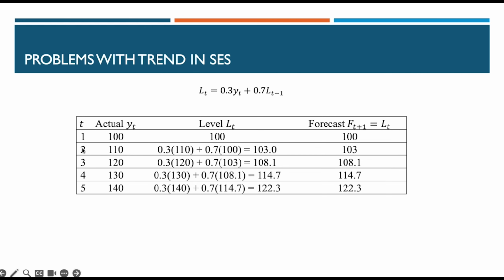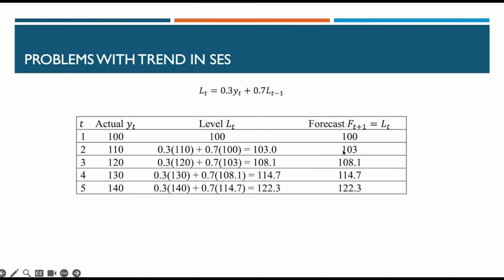Then the second time, L2 is equal to 0.3 times y2, which is 110, plus 0.7 times L1, which is the first one. So 0.7 times 100 gives you 103.0.